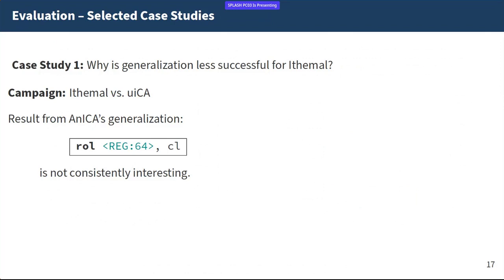In this case, the x86 rotate left instruction by a value in the C register. And we find that our generalization algorithm finds in some early check that this abstract block is considered not consistently interesting. So not all of the samples, even for this simple basic block, are consistently interesting.